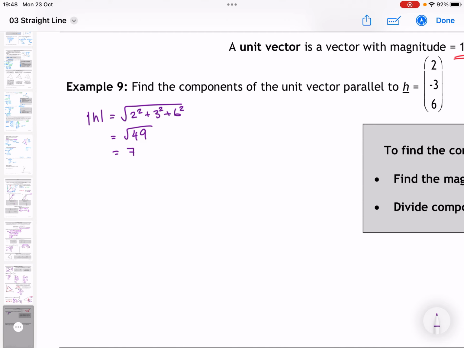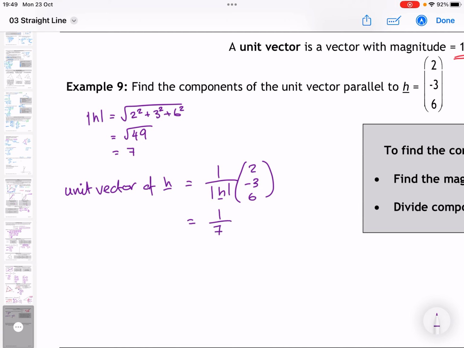So the unit vector of h is equal to 1 over the magnitude of h times the components. Our first step had to be finding the magnitude, which was 7.